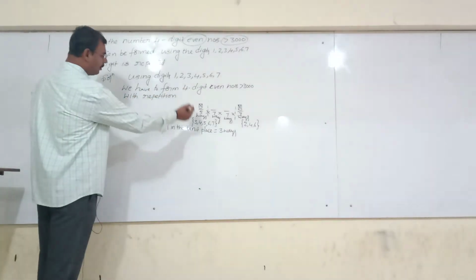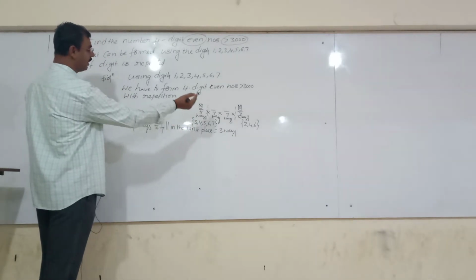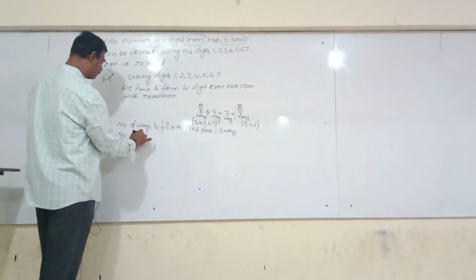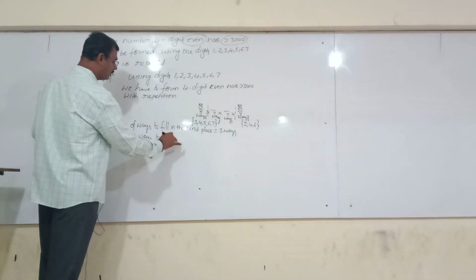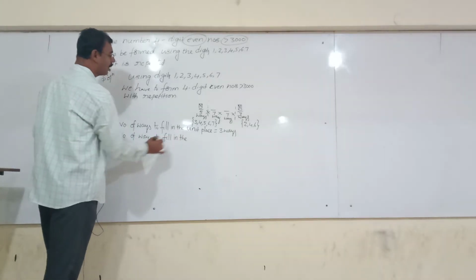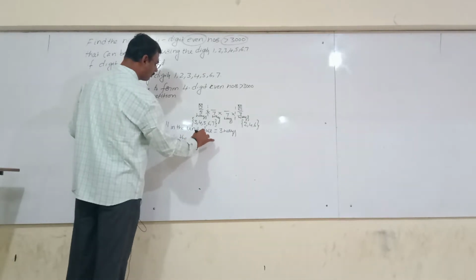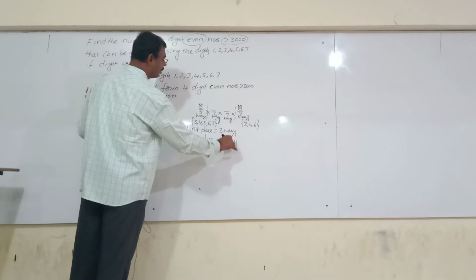Similarly, number of ways to fill the tens place is equal to 7 ways. Why?